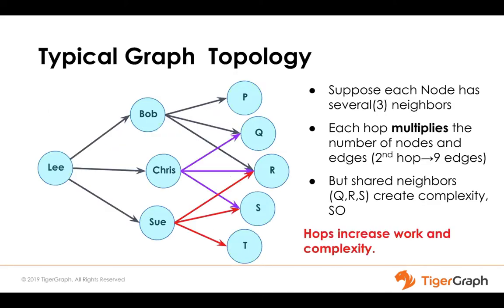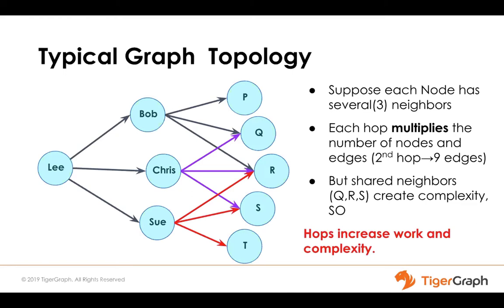So let's look at a typical graph topology. This is showing a person, Lee, on the left, who has some friends or acquaintances. We show 3, and then each of those 3 persons also links to 3 more persons. So just in the simple example, each node has 3 neighbors.